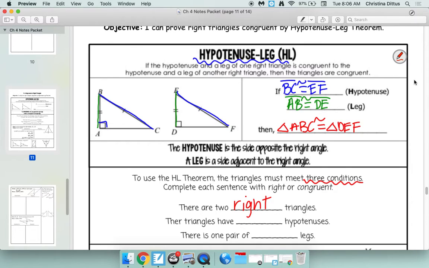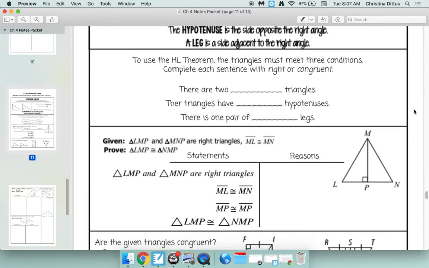The triangles have congruent hypotenuses. And there's 1 pair of congruent legs. So right angle, hypotenuses, and legs. Alright. Everybody good there? Good. Awesome.